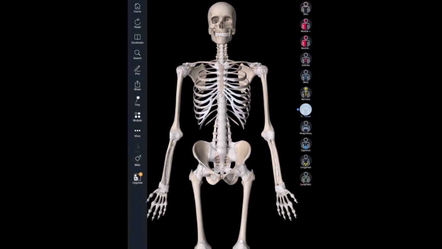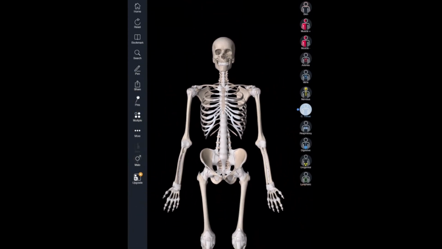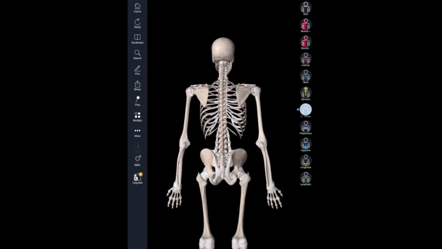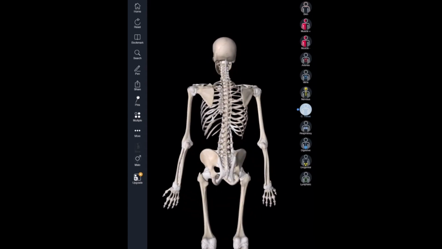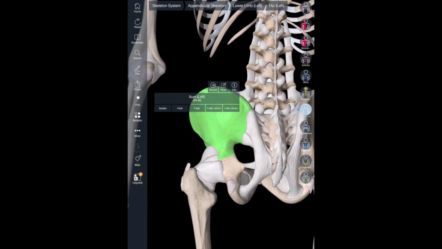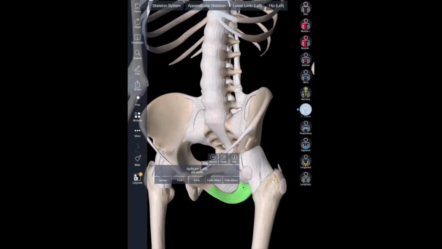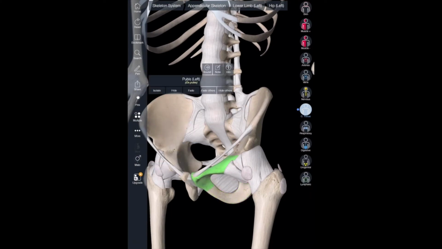Back to the appendicular skeleton. Lower extremity. So we have, of course, the pelvic girdle, which is different than the pelvis. Remember, the pelvis is the right and left coxal bone. So a coxal bone is the ilium, the ischium, and the pubis. Those 3 bones together make up one coxal bone.